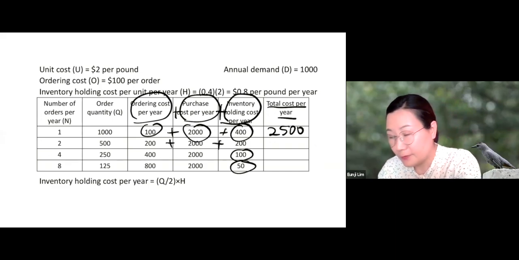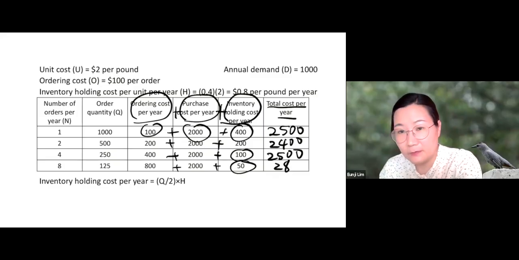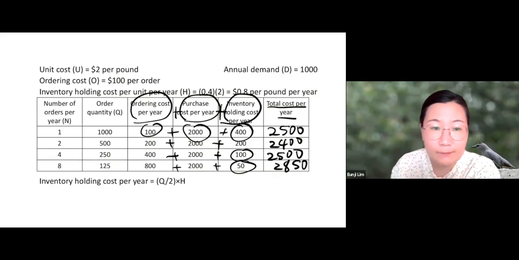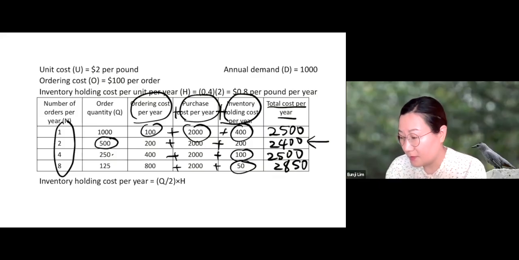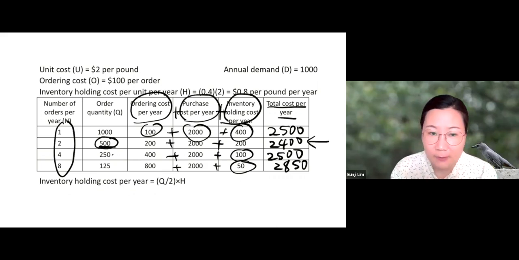Also, add this up, you get 2,400. Add this up, you get 2,500. And add this up, you have 2,850. So if you just compare these four scenarios, the best order quantity is the one with the minimal total annual cost, which is 500 pounds.